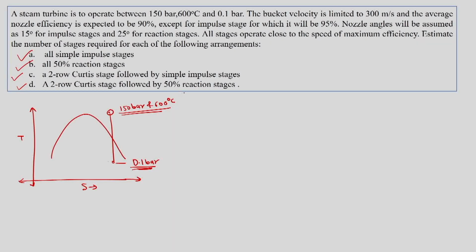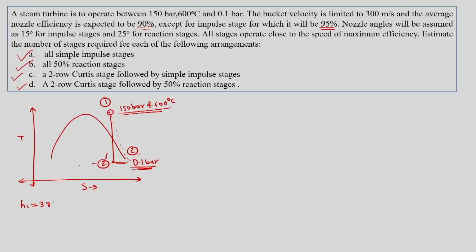So for that, let us find out. We will say it as 1 and say it as 2. Okay, but here we should remember that it will have 2 dash and 2, since the efficiencies are different and they are not 100%. So knowing this, first let us find out H1, which is corresponding to 150 bar and 600 degrees Celsius.